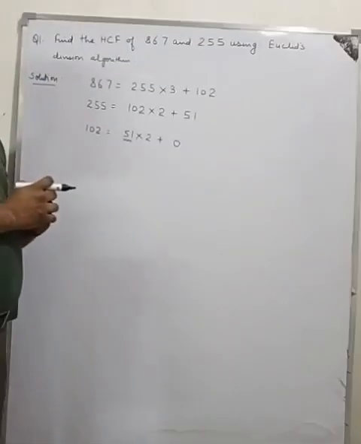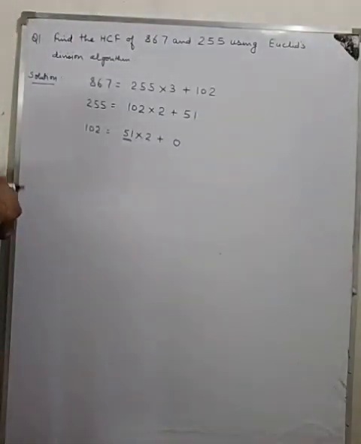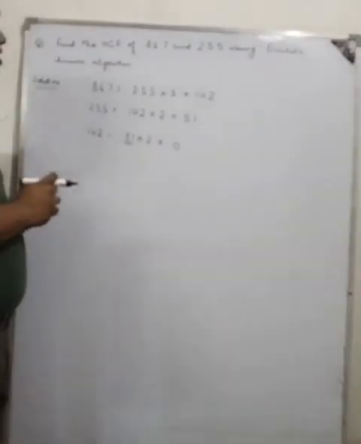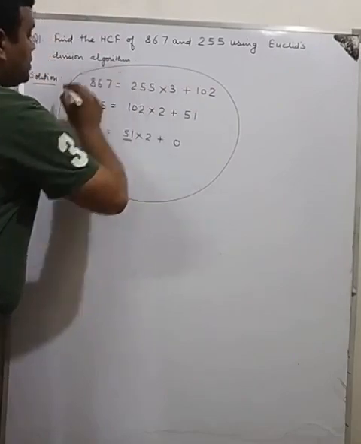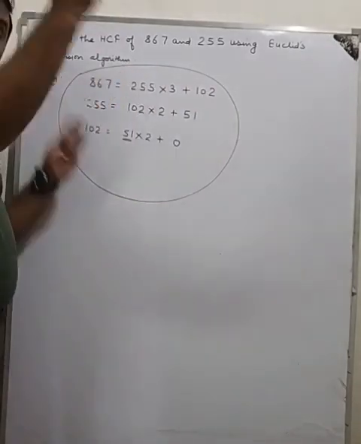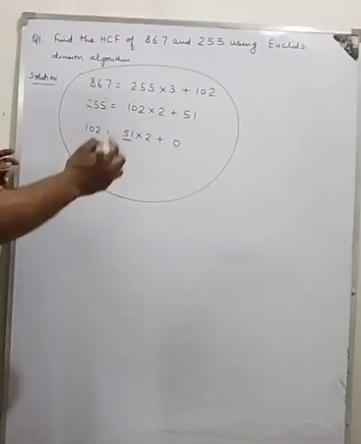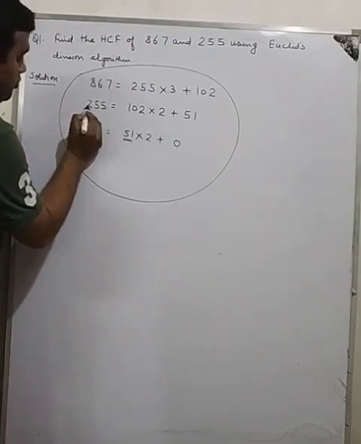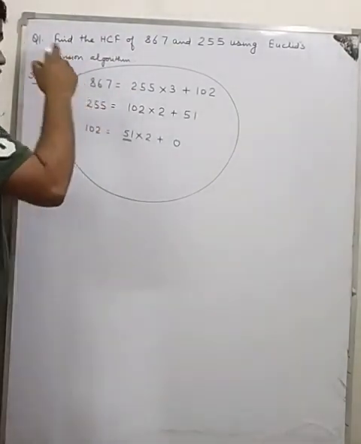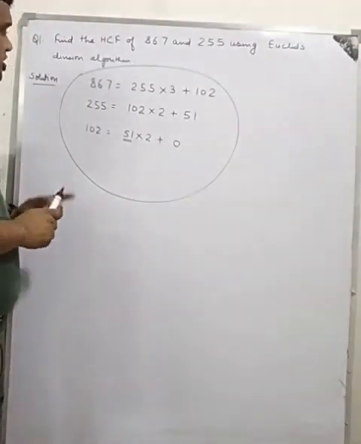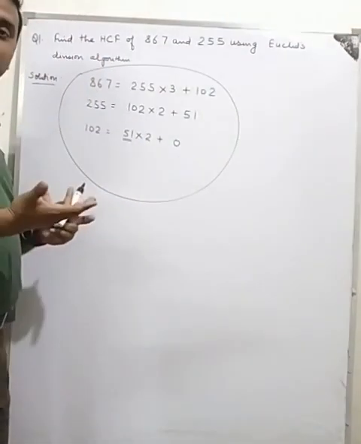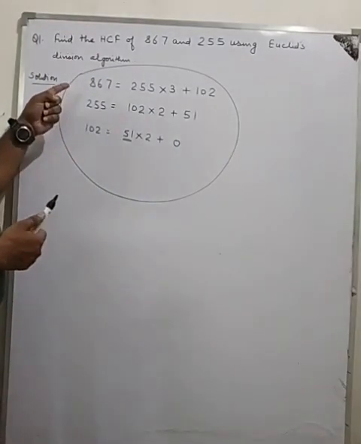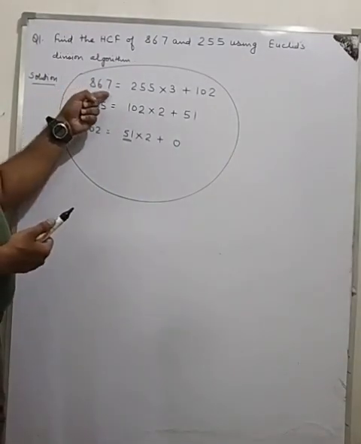867 and 255. So I already told you that this method is used to find the HCF of two big numbers. When we are going to divide these two numbers using the factorization method, it will be very difficult for us because we do not know 867 is divisible by which number.